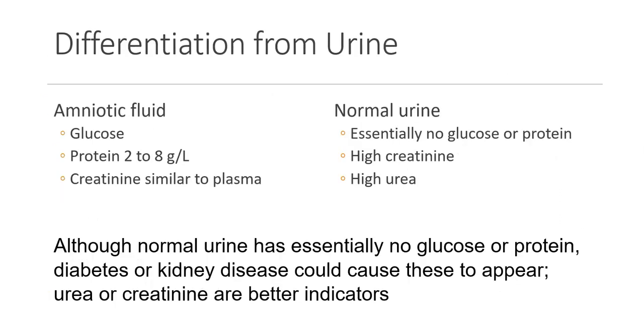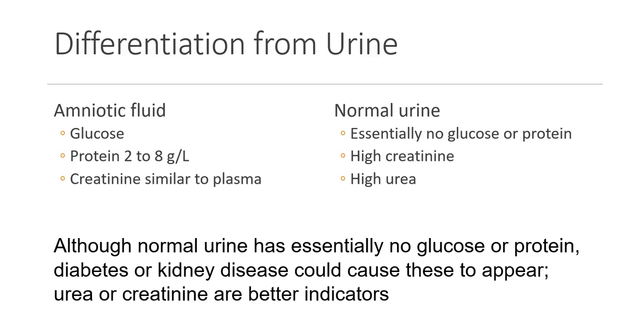Sometimes a woman will notice that she's leaking fluid, and it's really important to differentiate whether she's leaking urine from leaking amniotic fluid. So the differences are, you would test the fluid: the amniotic fluid will have glucose, protein, and the creatinine level is similar to plasma.